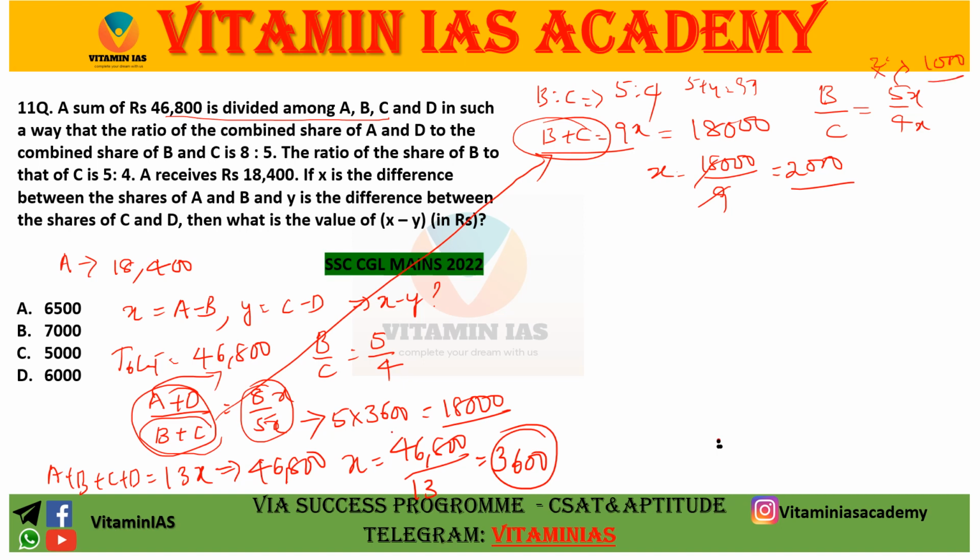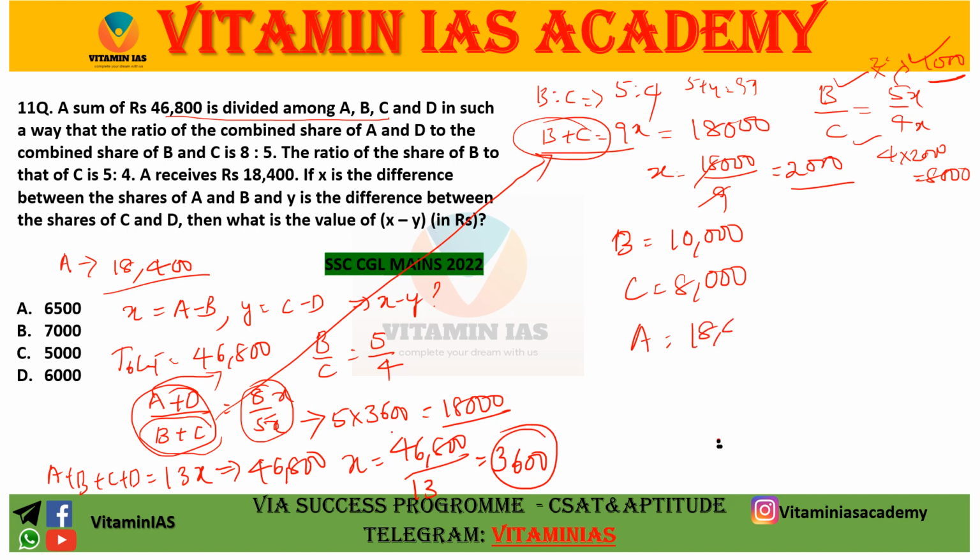So B value is 10,000, and C value how much? 4 into x, 4 into 2,000, nothing but 8,000. And the A value was already given initially, 18,400.